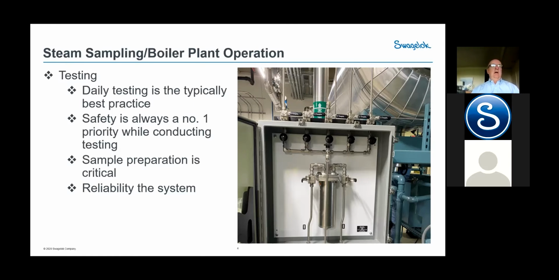I'll be talking about safety and the code requirements when it comes to testing. Remember one thing, in steam systems we are under the B31.1 National Power Piping Code, and we need to be following the code. Sample preparation is critical. It depends on the chemical supplier what temperature they want the sample at. And reliability in the system is a necessity.